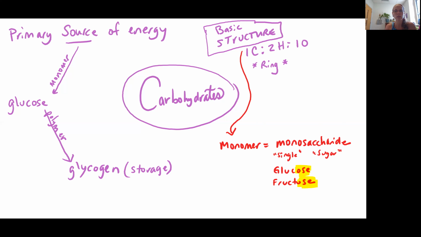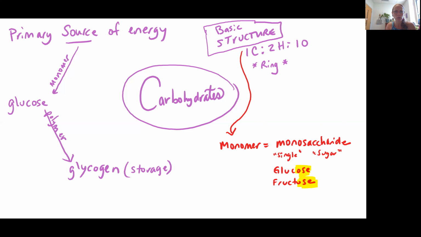So you can also call these single sugars or simple sugars. Glucose is what we're going to primarily use in our bodies. Fructose is another example, and this is something we eat all the time. Fructose is fruit sugar, so that's what makes those grapes and apples and oranges super tasty.